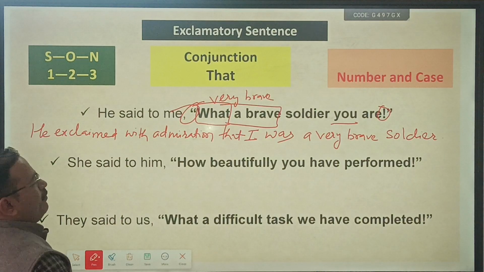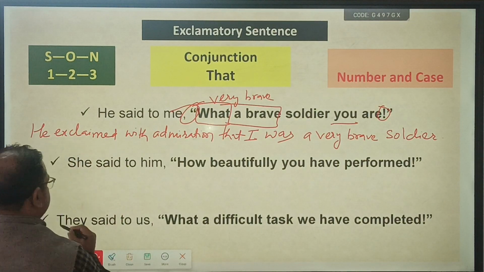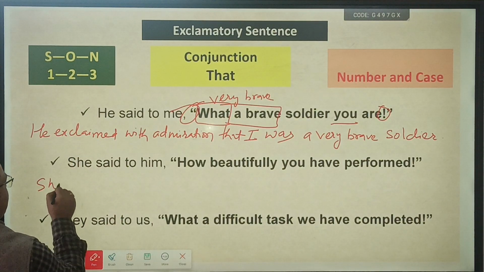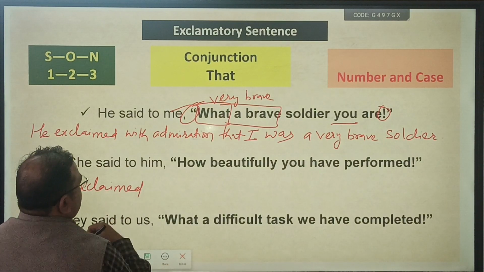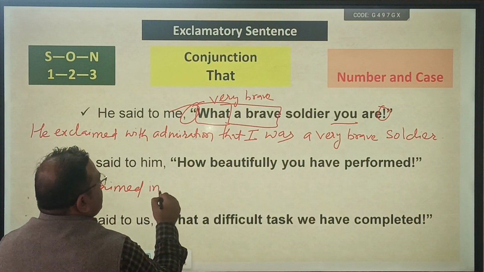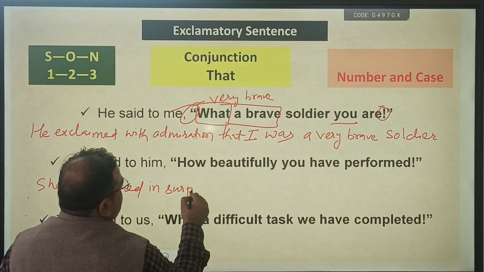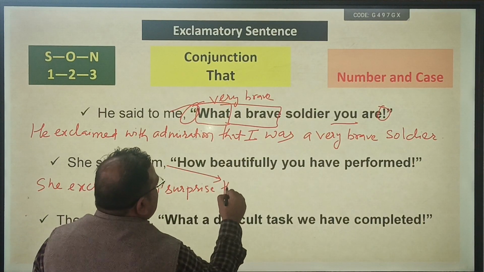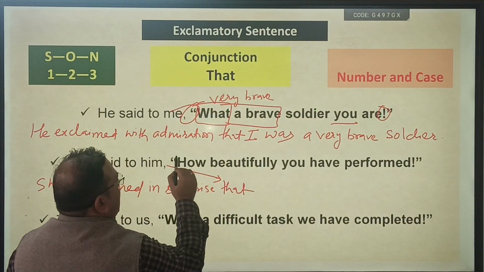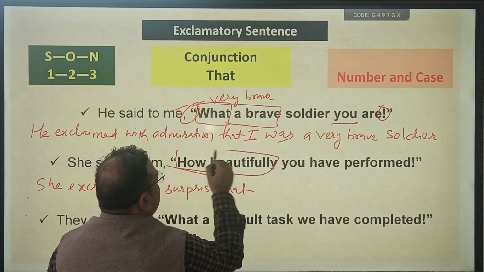She said to him, how beautifully you have performed. She exclaimed in surprise. You can write in place of inverted comma that. How beautifully, can we use here?